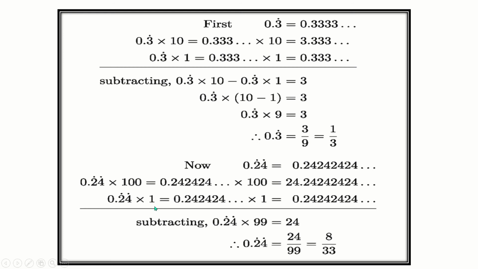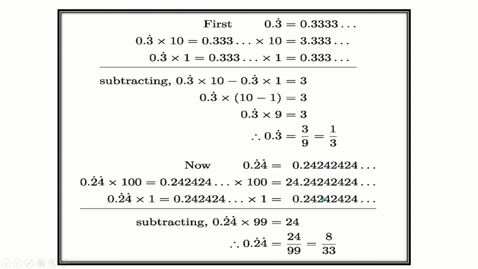Here is the explanation. At first we have to multiply this by 100, because after the decimal point there are 2 digits. So we have to use 2 zeros. This equals 0.242424 dot dot dot. After multiplying this we get this. Here also multiplying by 1 we get this.